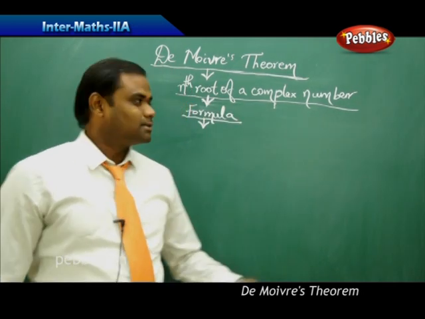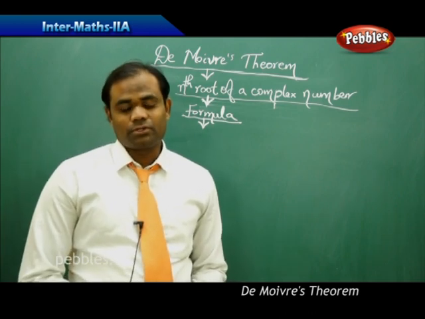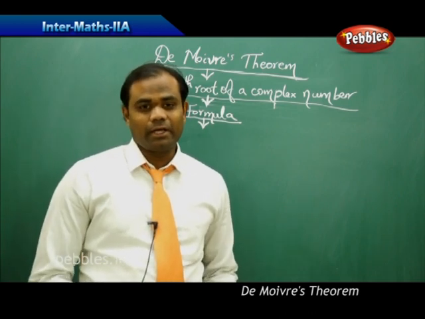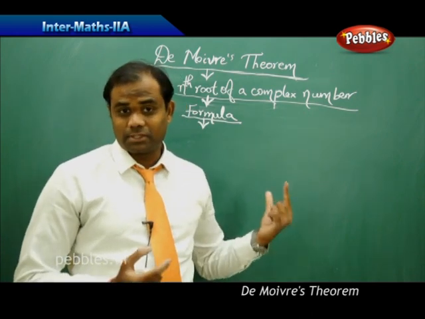Now let's find the formula for the nth root of a complex number. So for any given complex number, I can find the nth roots of that complex number using the formula which we are going to discuss now.